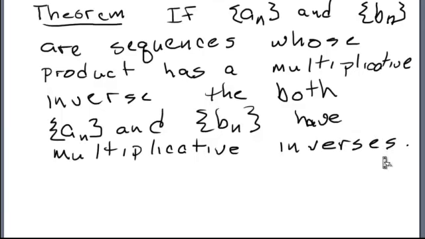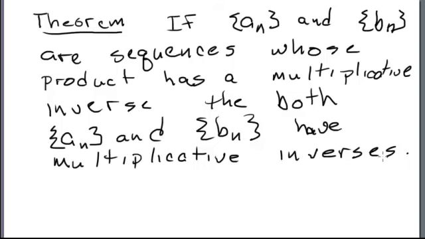Let me read this real quick. If the sequences a_n and b_n are sequences whose product has a multiplicative inverse, then both the sequences a_n and b_n have multiplicative inverses.